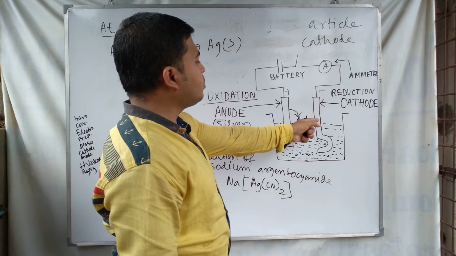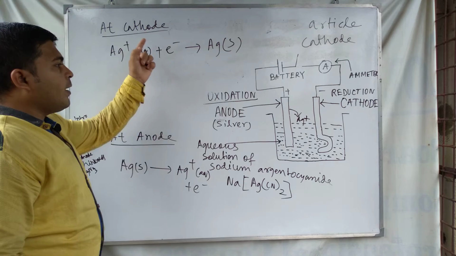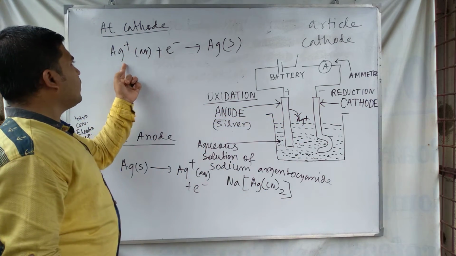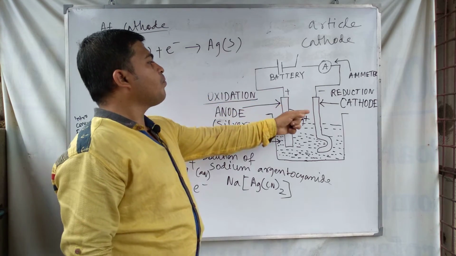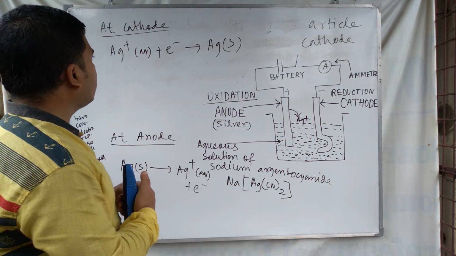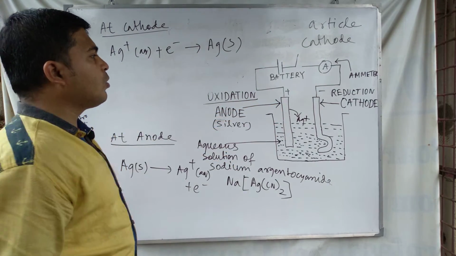So deposition of silver occurs on this brass spoon, which is made the cathode. Gain of electron occurs, so that is called reduction. At the cathode, silver metal is deposited.